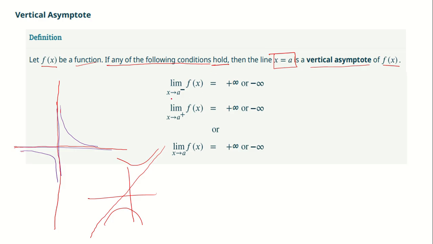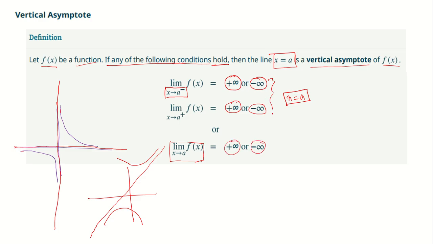If x approaches a from the left and we get positive infinity or negative infinity, or if x approaches a from the right and the limit of f of x is positive infinity or negative infinity, or even if x approaches a and the limit of f of x equals positive infinity or negative infinity.